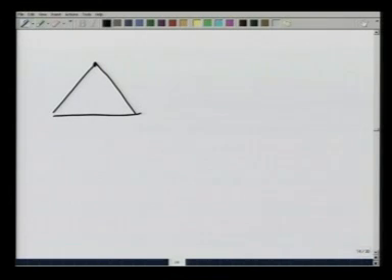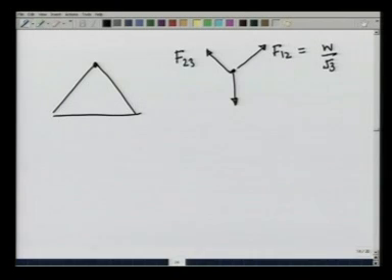If I go to point 2 here, then according to the way we have made forces, point 2 would be feeling a force this way, which is F 2 3, a force this way which is F 1 2, which we have already determined to be W over root 3, and a force this way which is W.